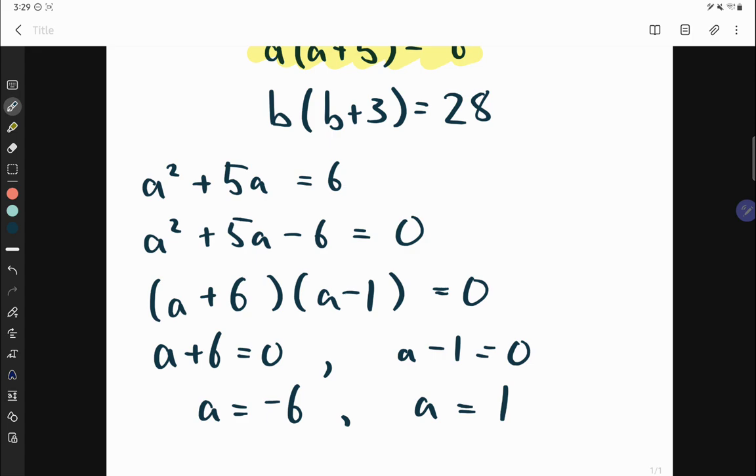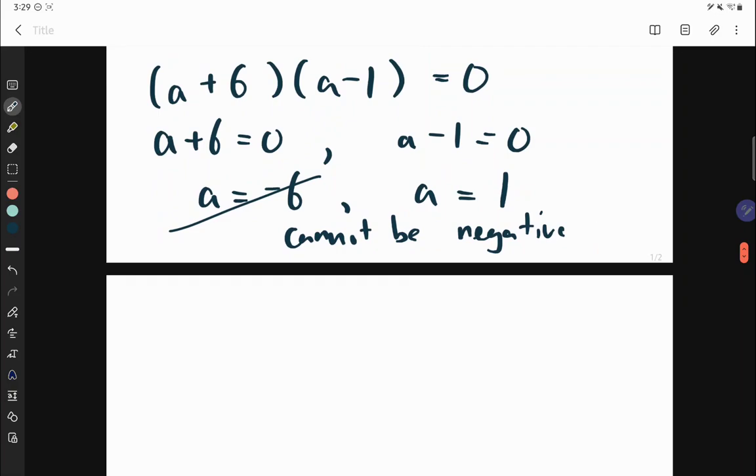Now, since A is a width of a garden plot, I am not going to say that it's negative 6. It cannot be negative. So A equals 1 meter.